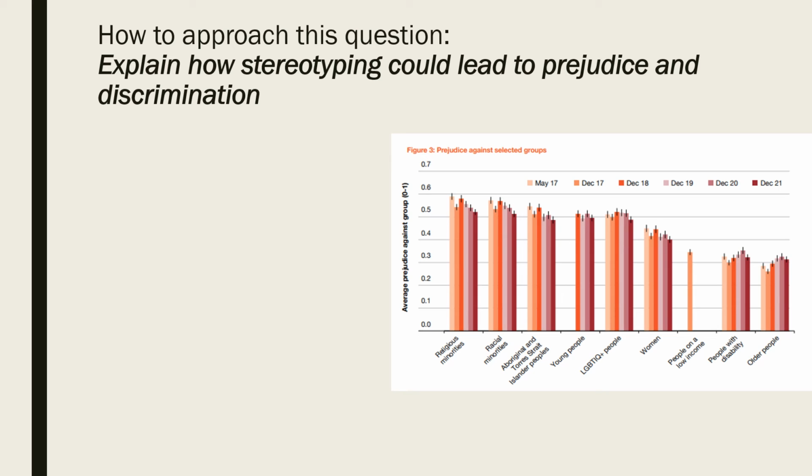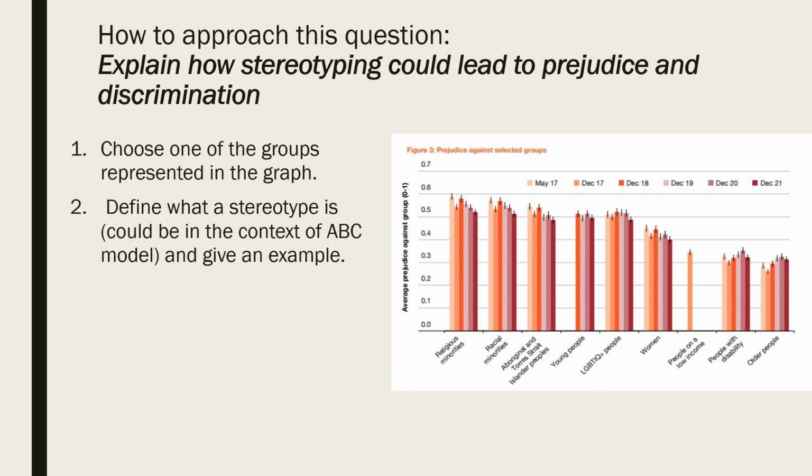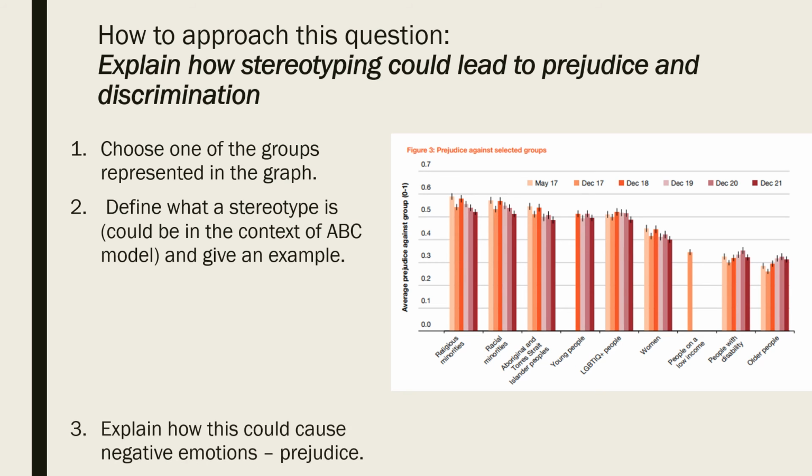To answer this question, I would follow these 4 steps. Firstly, choose one of the groups represented in the graph. It's important to not over-answer the question by discussing lots of different groups represented in the graph, so I would focus on one and explain it in detail. Secondly, define what a stereotype is, which could be in the context of the ABC model, and give an example in relation to the group you've chosen.